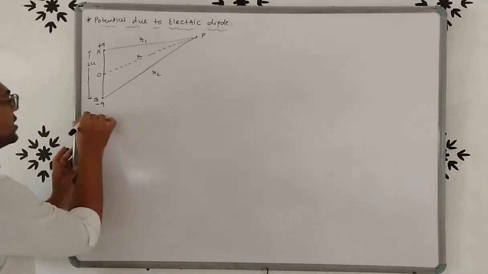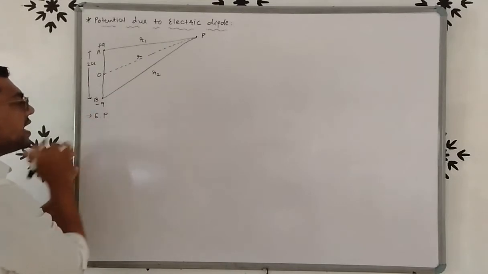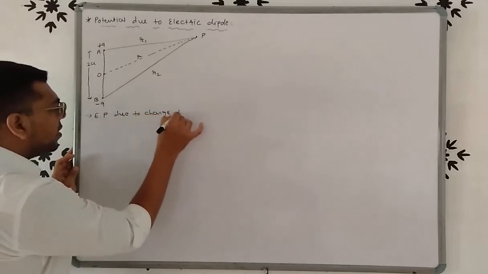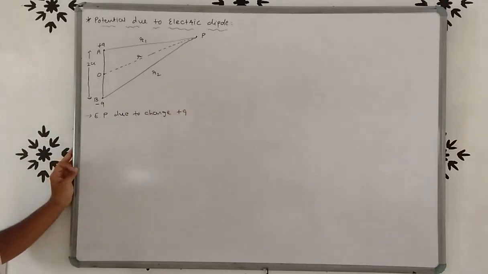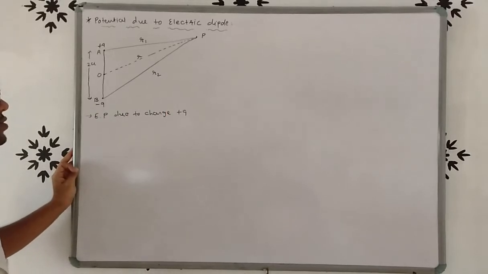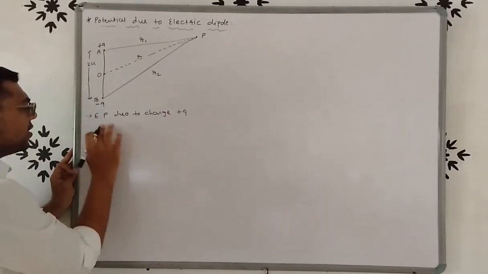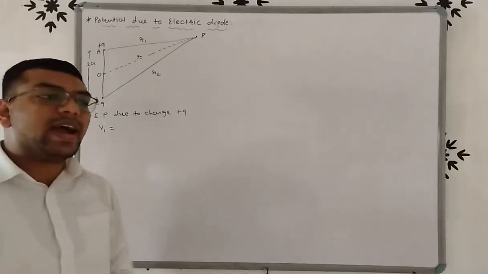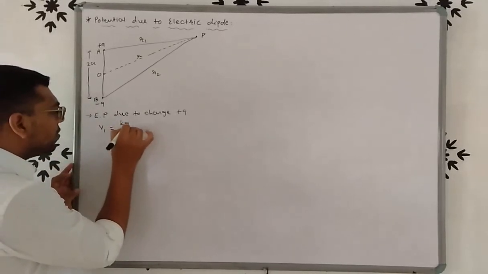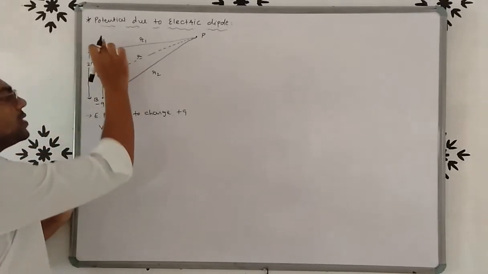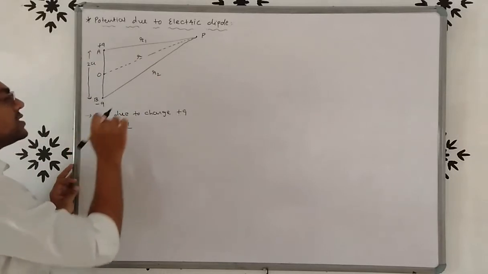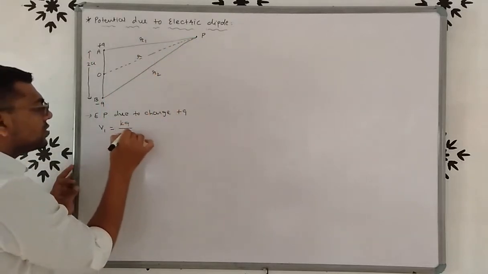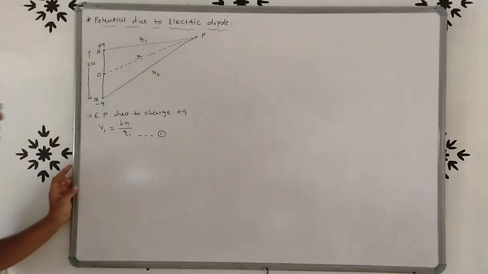So now, friends, the electric potential due to charge plus q is V1. We know that V is equal to kq by R. So kq upon the distance, but here the distance between plus q and P is R1. So V1 is kq upon R1, that is equation number 1.